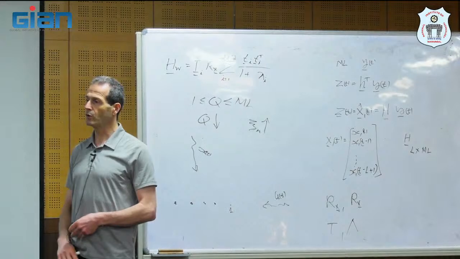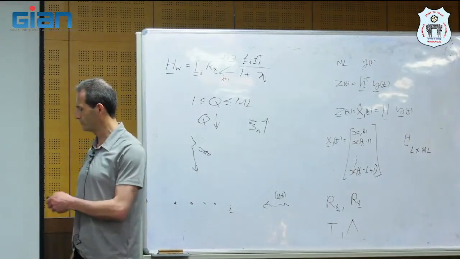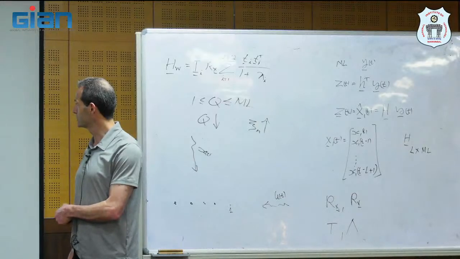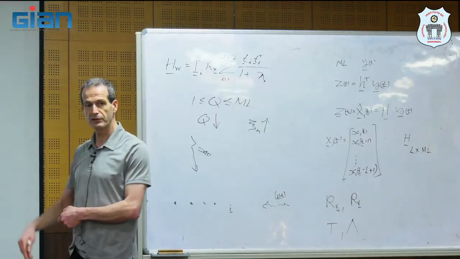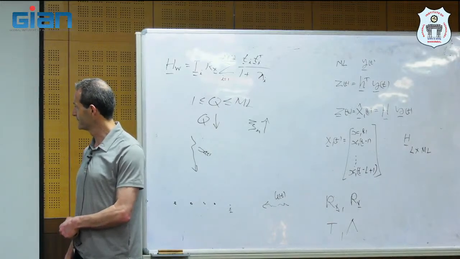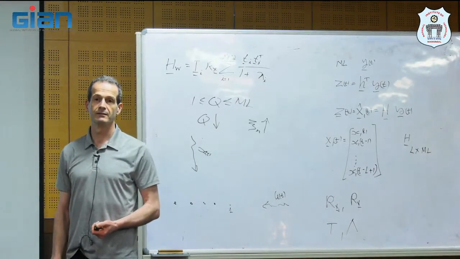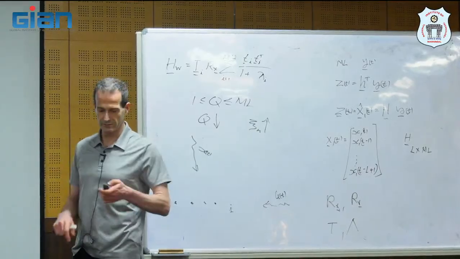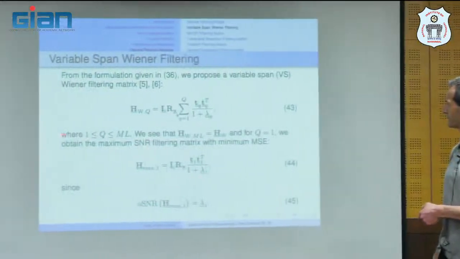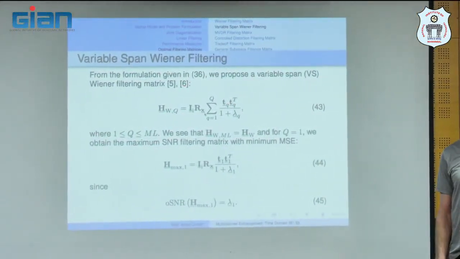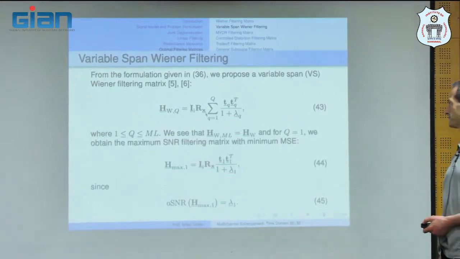If you take all possible solutions of the maximum SNR filtering matrix, and you want to find the free variable such that the MSE is minimum, you will get this solution. So I can define this problem, and you need to find the solution. And actually, this is what you get. But we also get it directly from here. Okay?